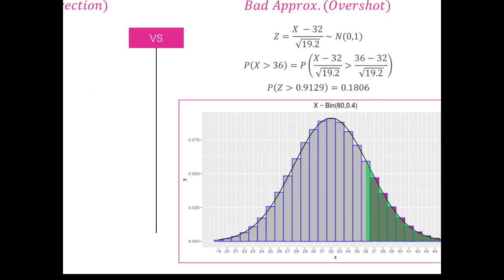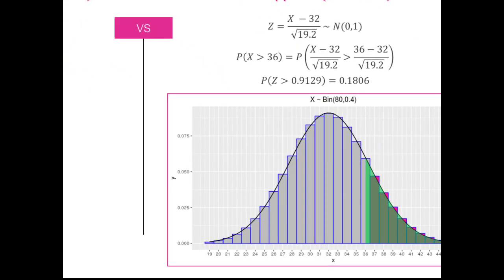So here, when we're doing just greater than 36, in the binomial case, we're just adding up this probability and this probability and that probability and all of those. But when we use our normal approximation, we're adding this extra green area over here that we don't actually need. So essentially, we have overshot our probability.